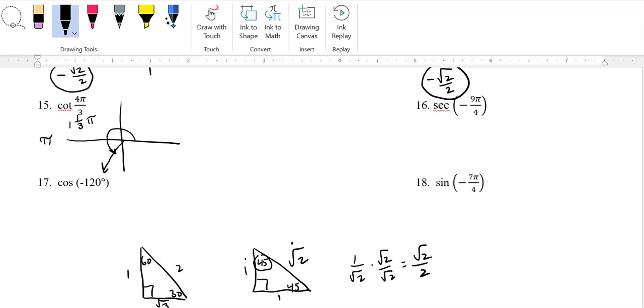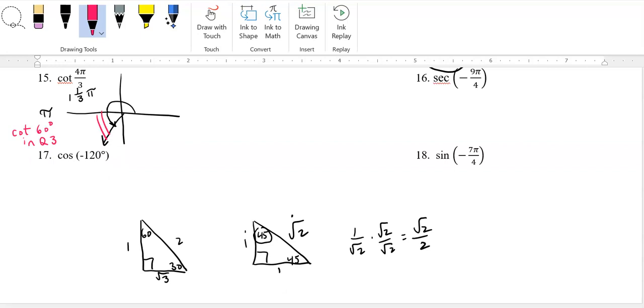Okay, so that's the given angle, so the reference angle is right here. So let's not think about cotangent 4 pi over 3. Let's think of it as cotangent 60 degrees in quadrant 3. We don't really think about cotangent necessarily, but just find tangent 60 degrees.